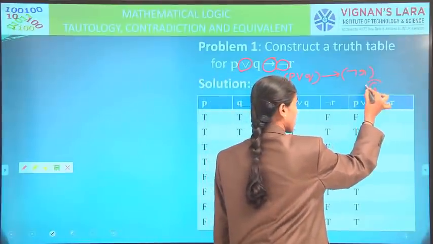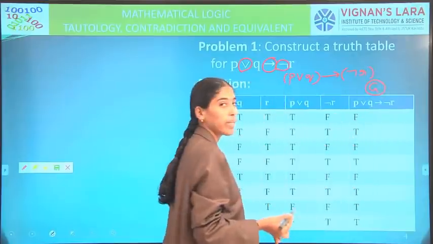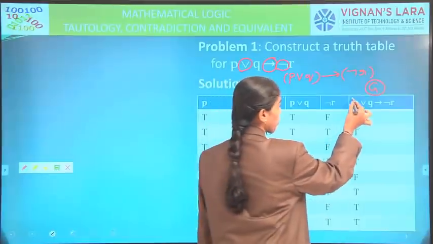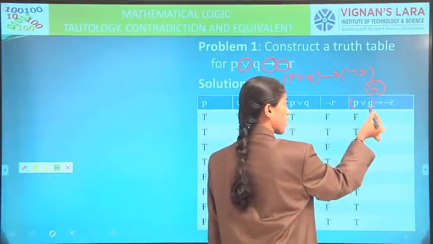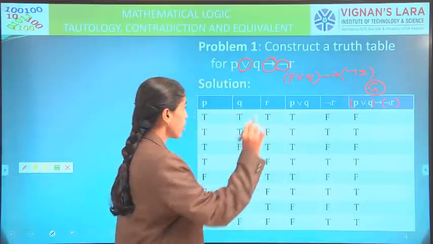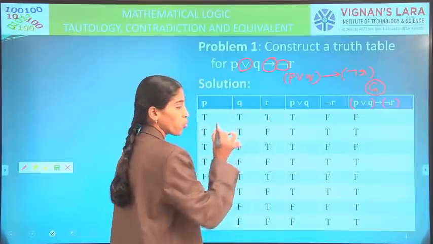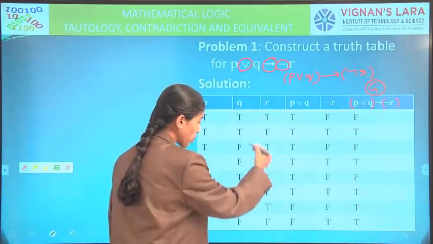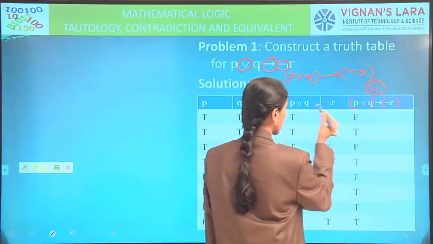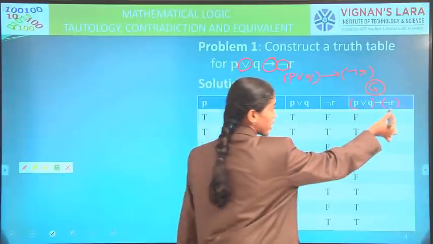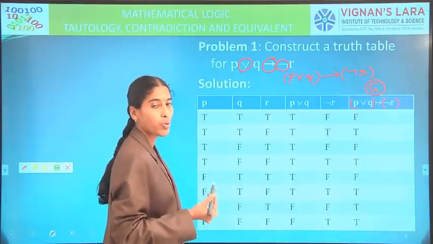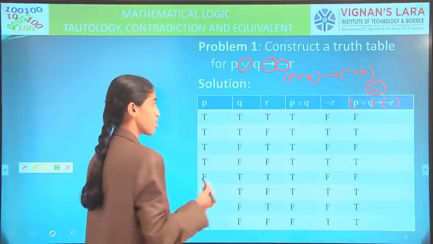Here we write in the rightmost column the given proposition, which is denoted by G. So, what is the given proposition according to the order? P or Q, conditional, negation R. So, first we consider the P, Q, R columns and then the 8 possibilities. Our requirements are P or Q as the first one and negation R as the next one. So, first find out P or Q, which is disjunction.